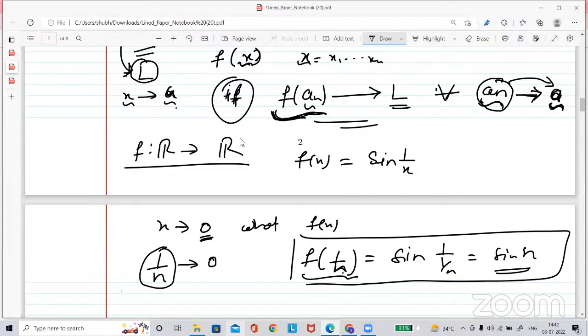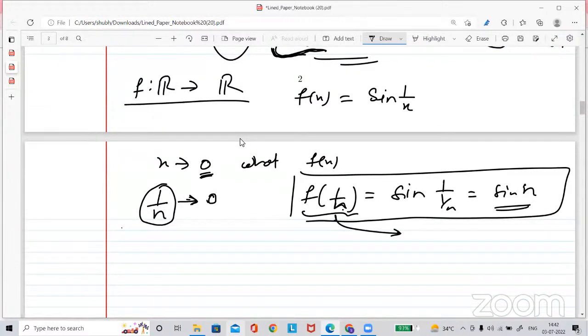Now, we have a sequence approaching a, which approaches 0 in our case. If we say the function has a limit, this sequence should approach that limit. Suppose the function has limit L as x approaches 0. Then this sequence should also approach L, because 1/n approaches the limit point.